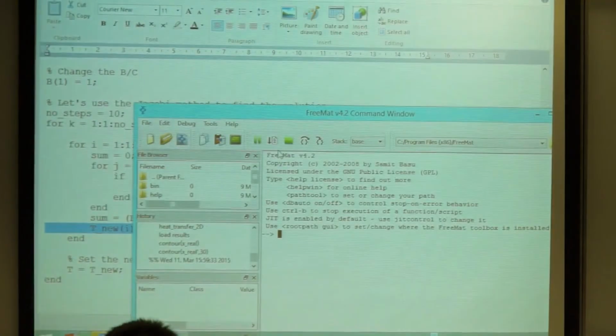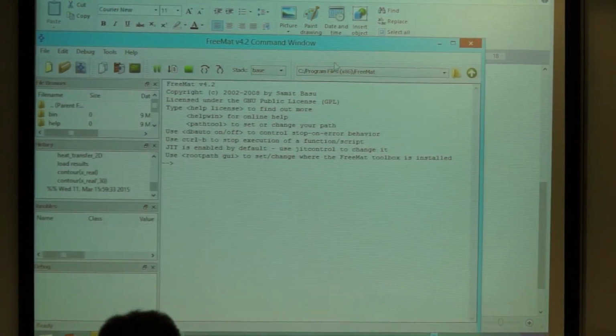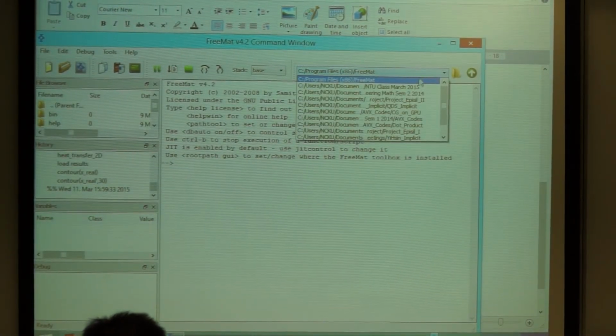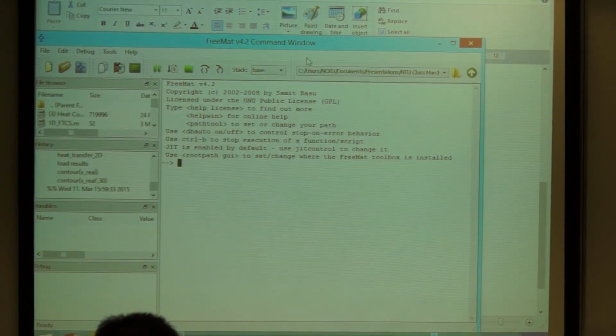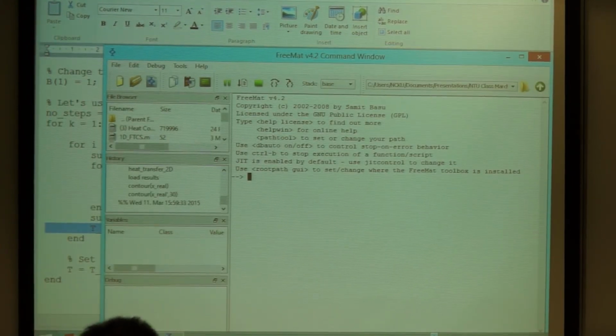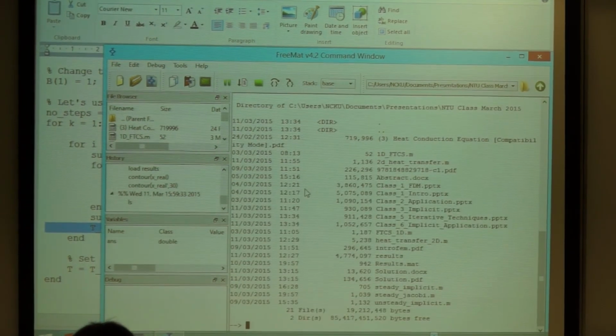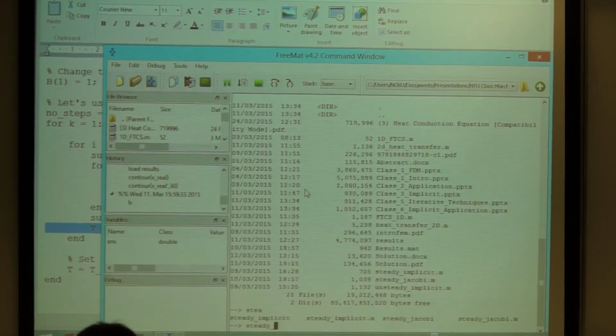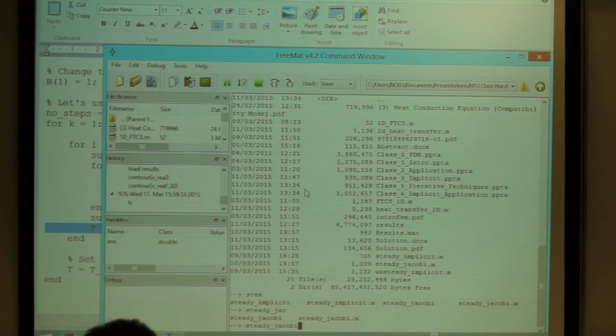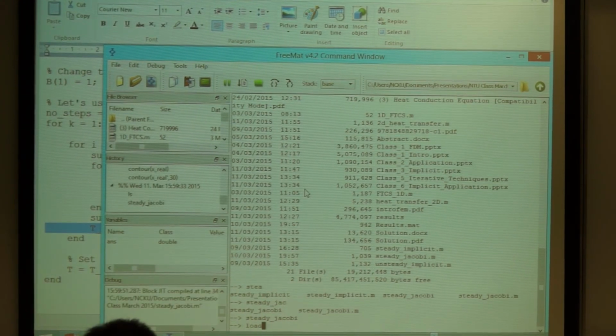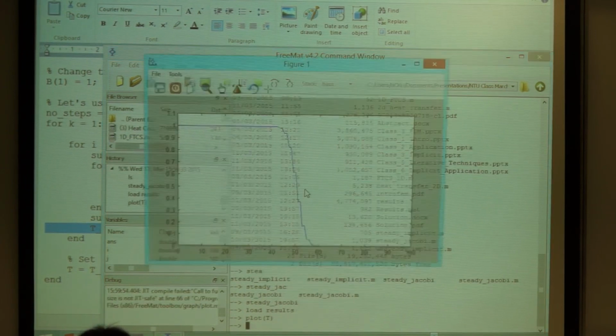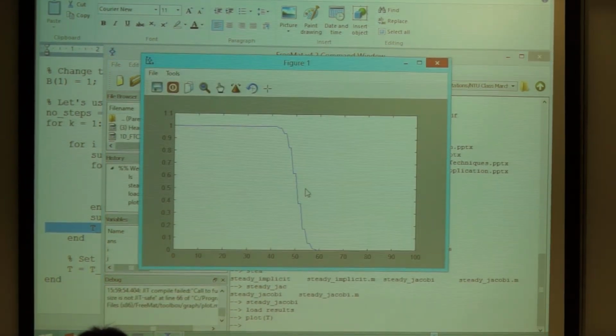I'll use FreeMat. That's the JACOBI solution after 10 iterations.